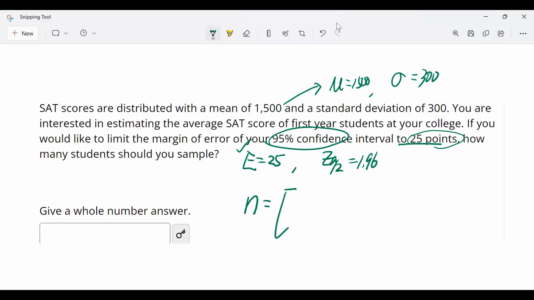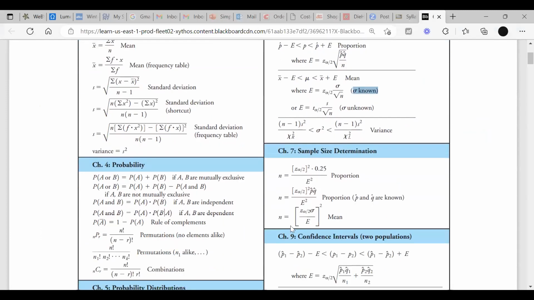There's a formula for sample size: critical z-score times population standard deviation over margin of error, squared. Let's go back to the formula sheet and quickly look at that. Yes, here you go. This is the formula. We estimate the sample size because the z-score has population standard deviation over margin of error.